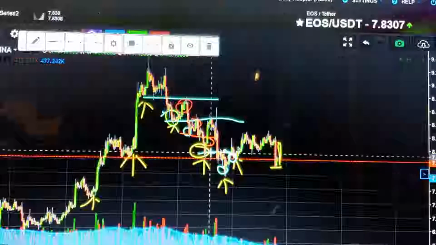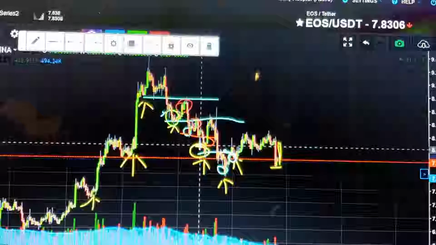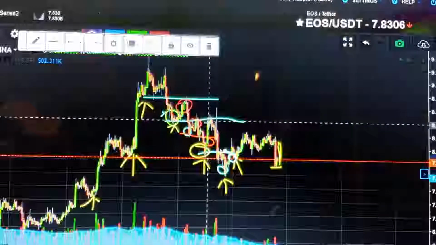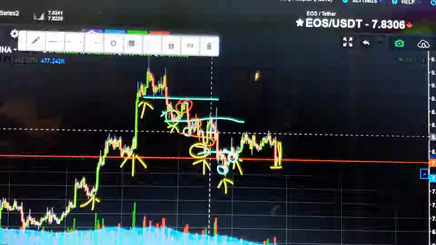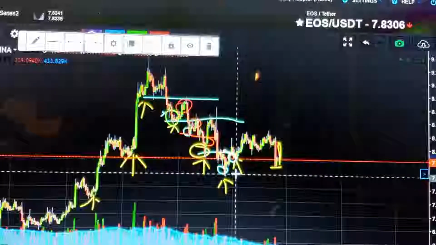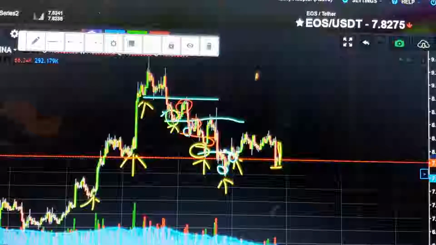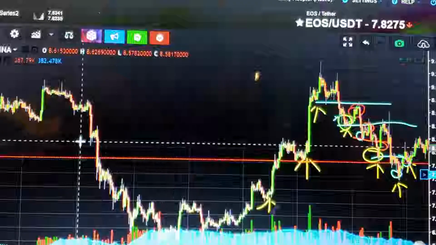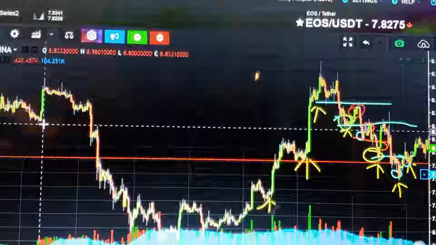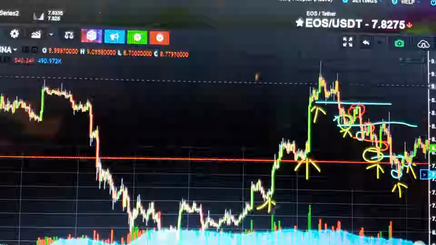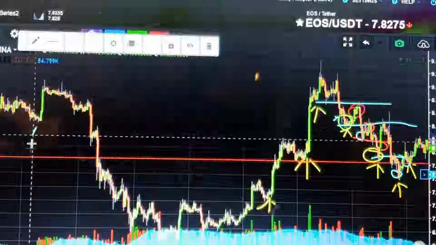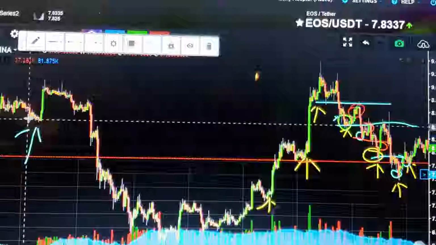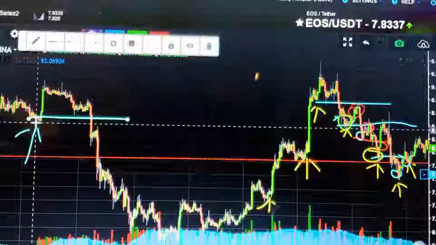And now you're wondering why we exit. What do we do? Because like, look, this one actually continued going up, right? But they don't always go up. So like right here, for example, we got our bounce, we got our push up, we got our base.